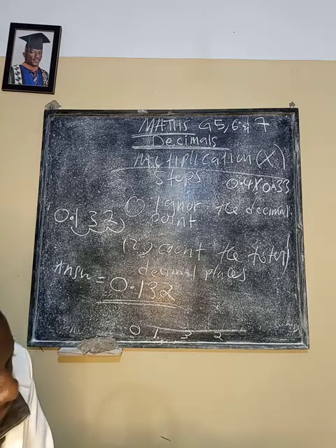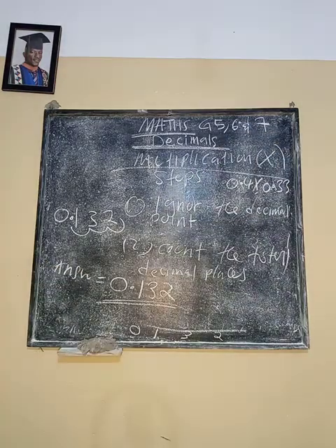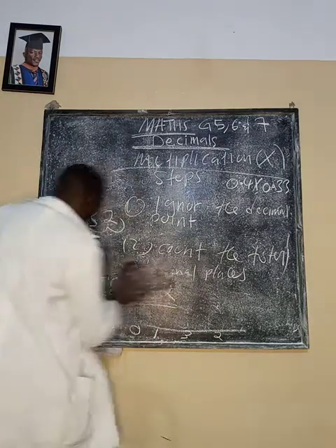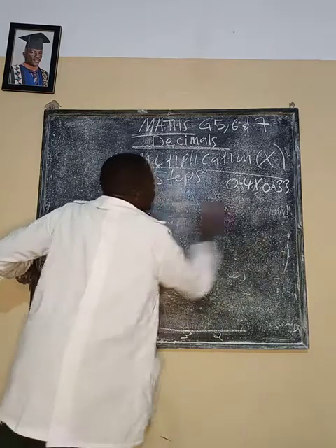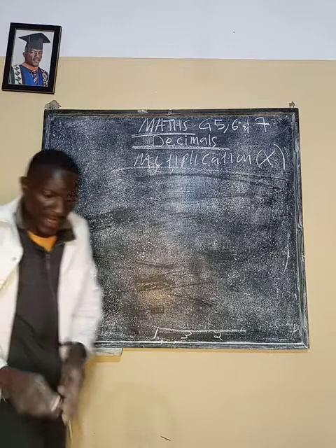Sometimes we may not really get it there and then unless we do 2 or 3 examples. So let's do another example so that you understand what we are doing. Using those 2 rules, let us do another example.